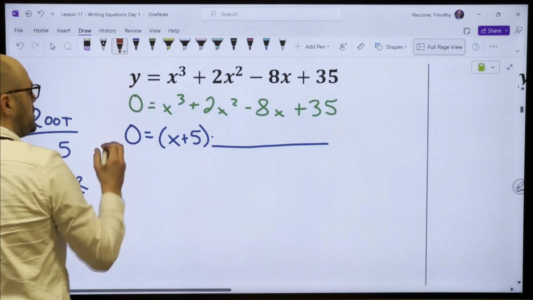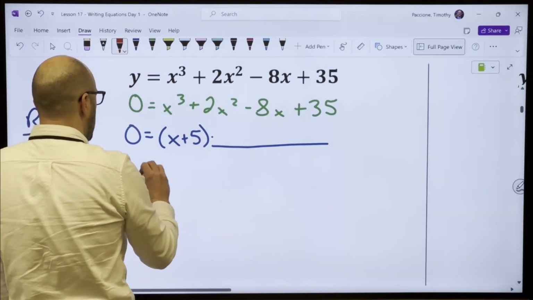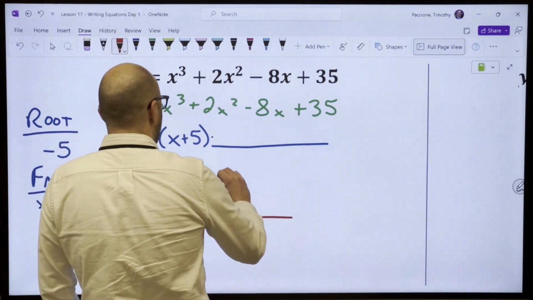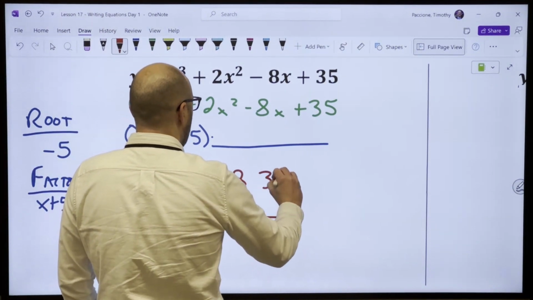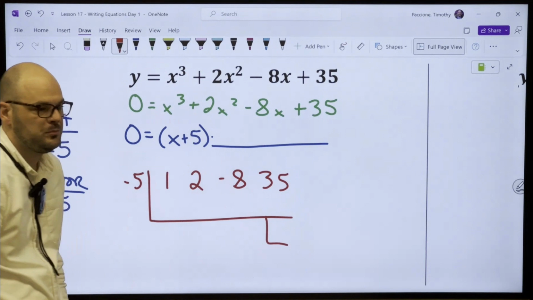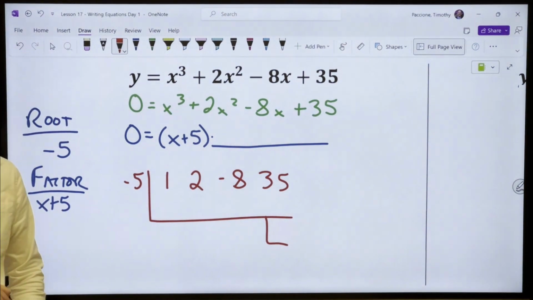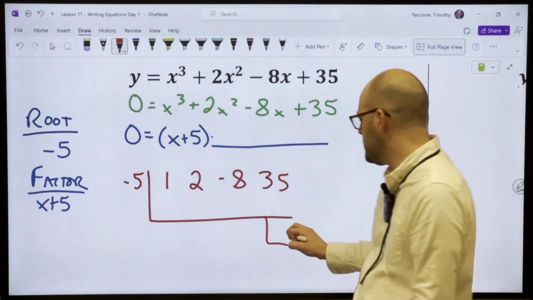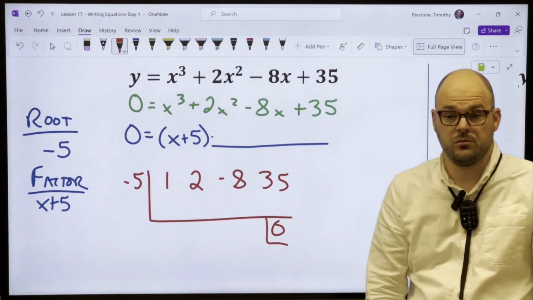So synthetic division, -5 on the outside. And I do 1, 2, -8, 35. And what do I expect to get as my remainder, I should say? 0, because I saw on the graph that it's a root, so it's got to be a remainder of 0, unless something went wrong here, right?